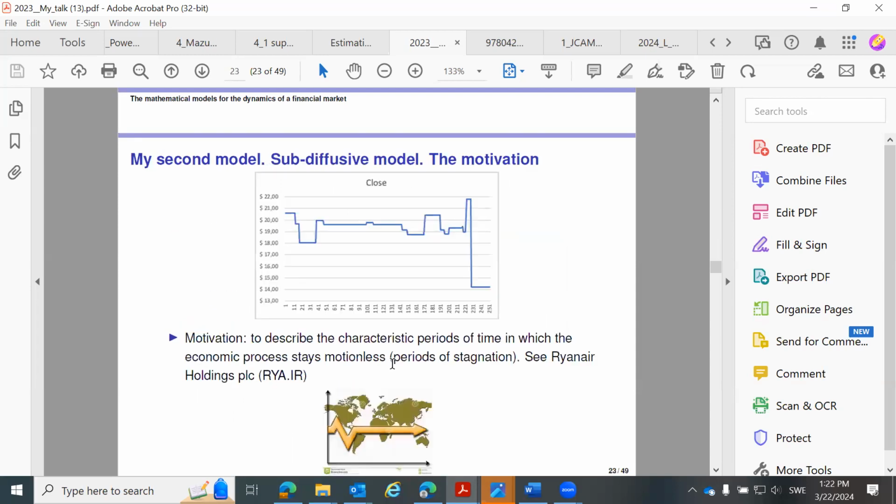Okay, and there is another model, and this model is connected with new time too, and it is motivated by the COVID situation, where the price can be not changed at the same time. You see, prices do not change perpetually, but we can see some periods of stagnation.